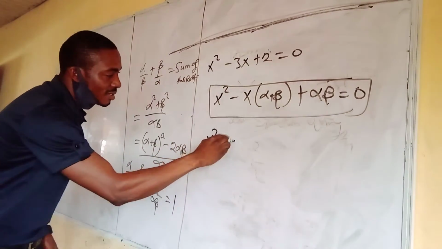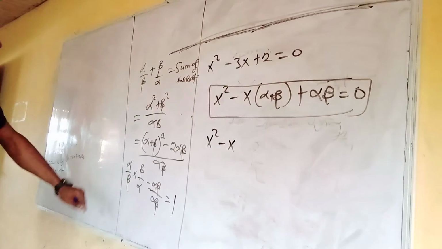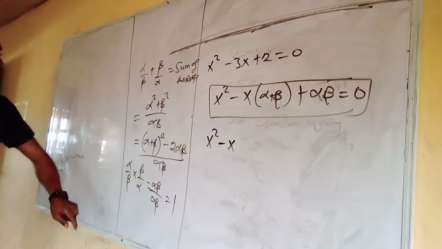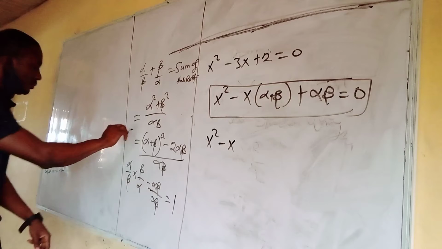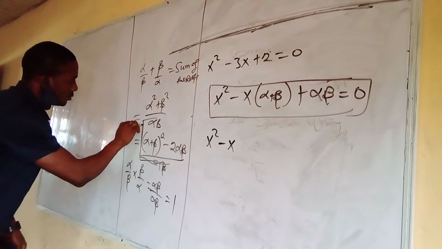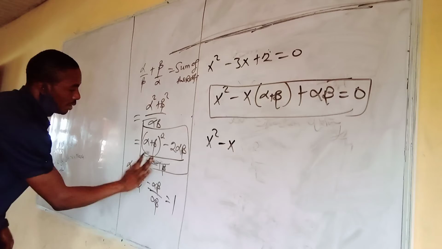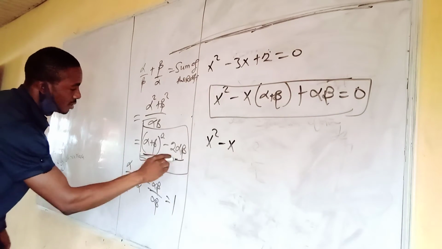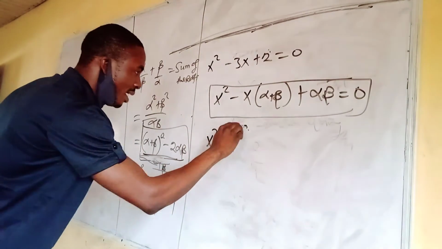x squared minus x, our alpha plus beta now, which is the sum of the roots, landed us on this.